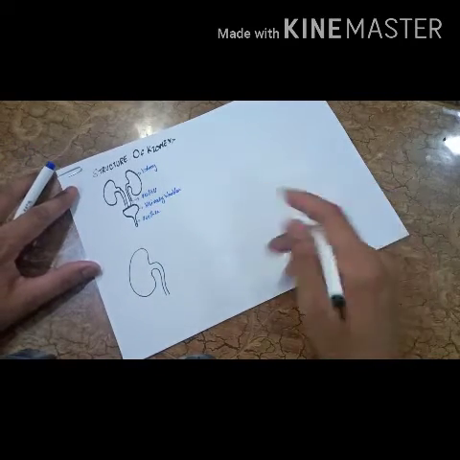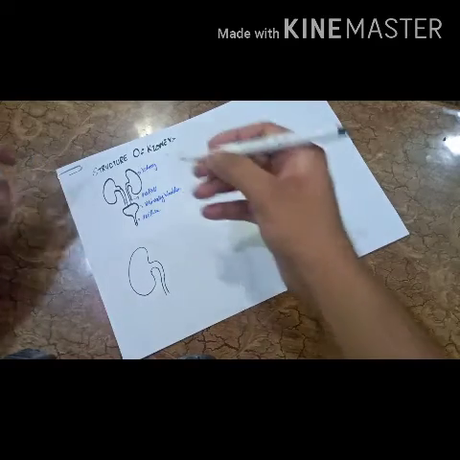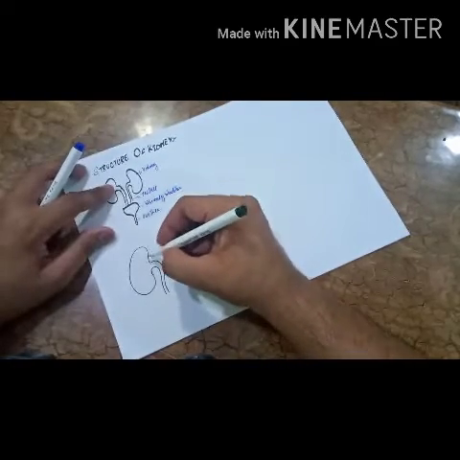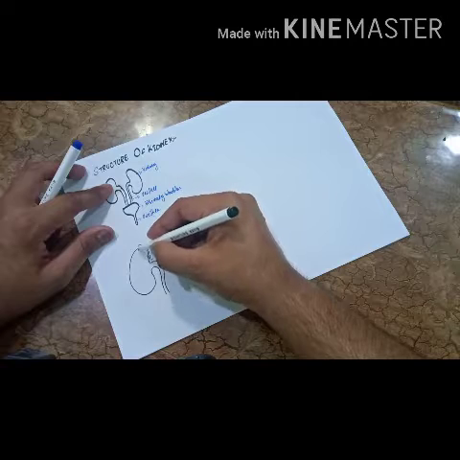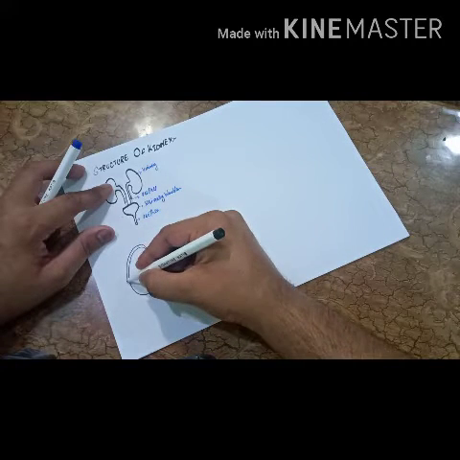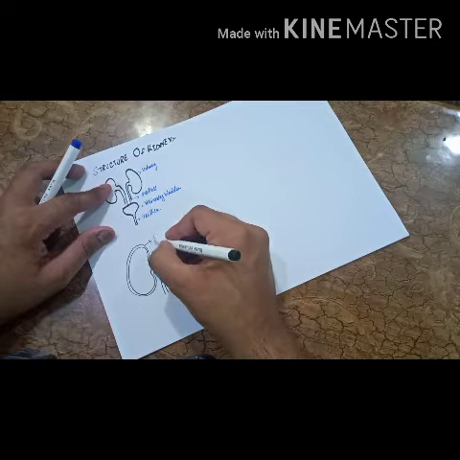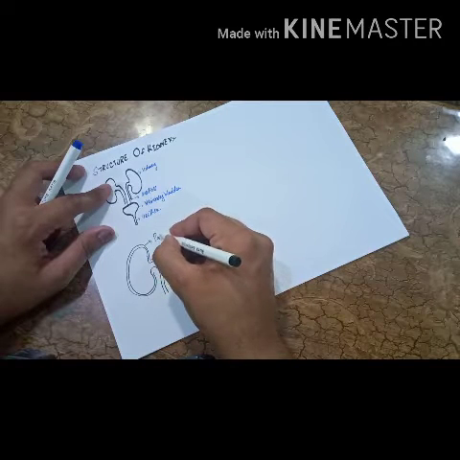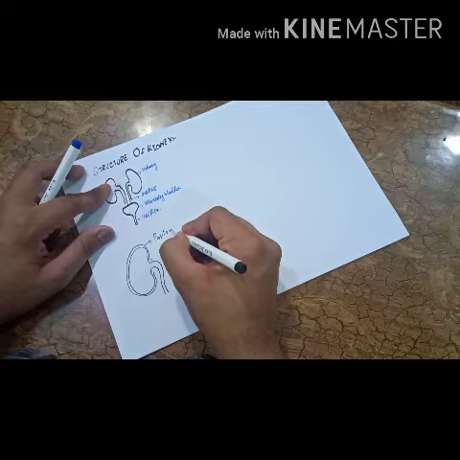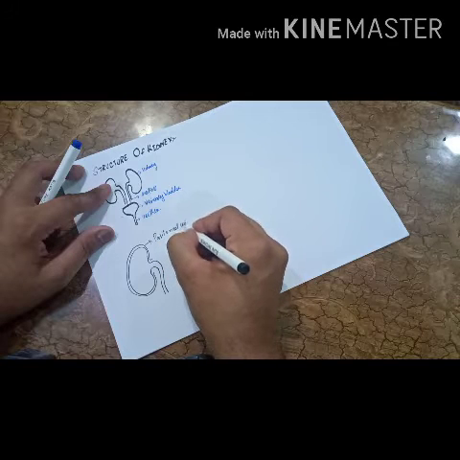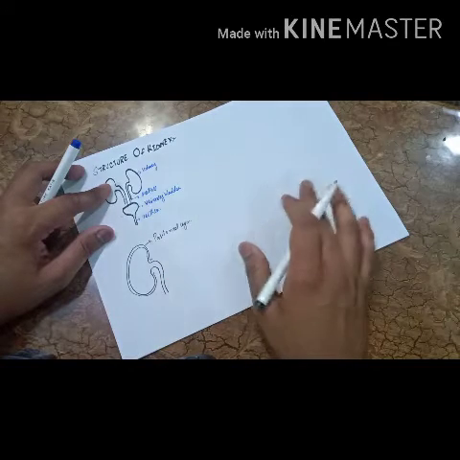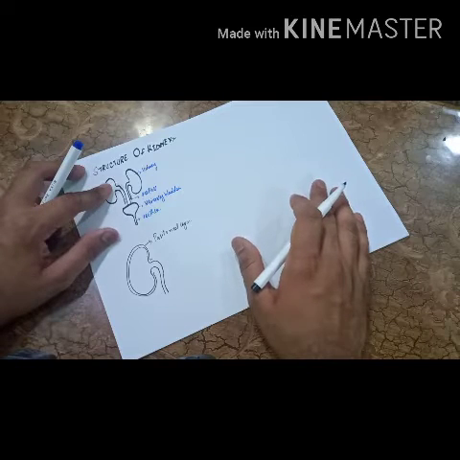So this is the bean-shaped structure of the kidney, which is externally protected by a connective tissue layer named the peritoneal layer, which provides protection externally to the kidney.